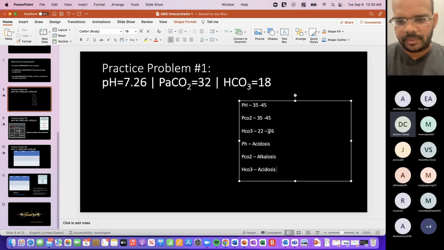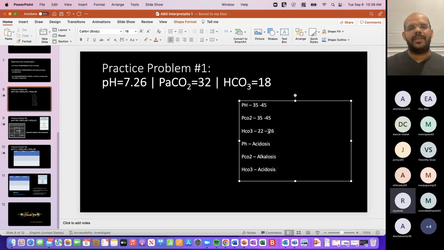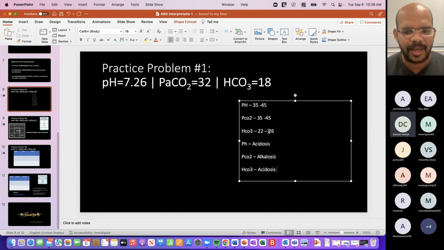In this case, all are in the abnormal range. So first, what is the problem here: respiratory acidosis, alkalosis, metabolic acidosis, or metabolic alkalosis? pH is acidosis. What did I tell you?